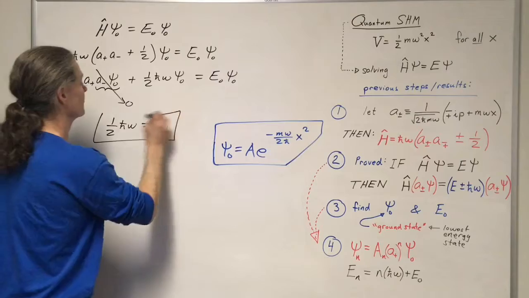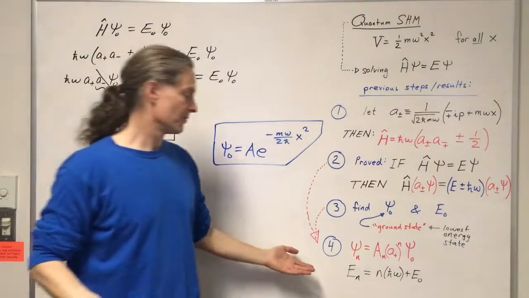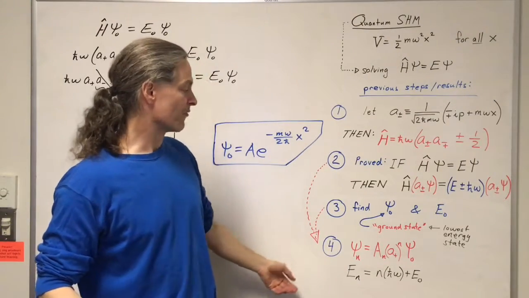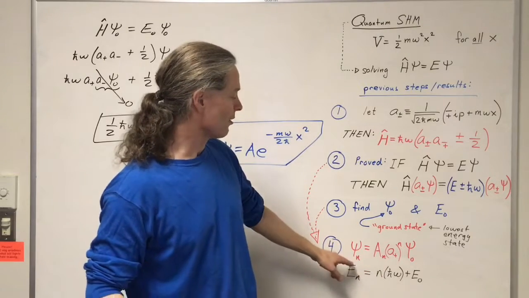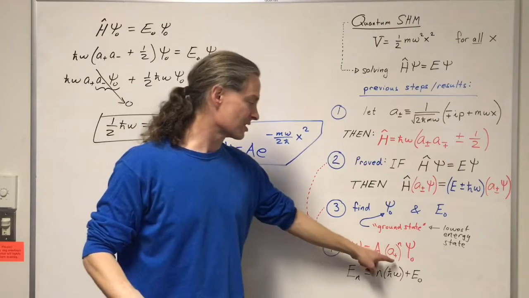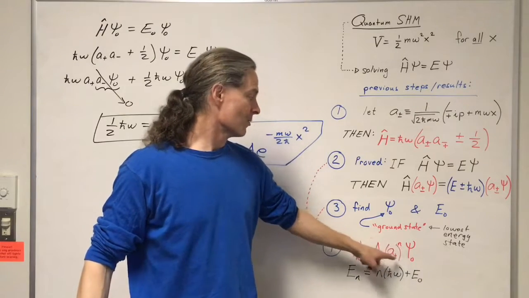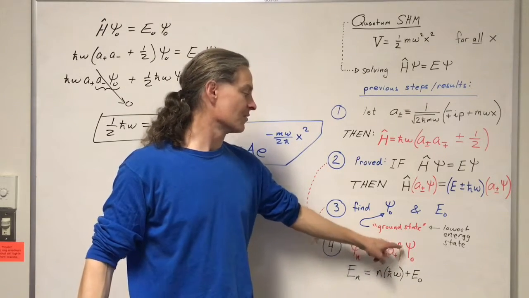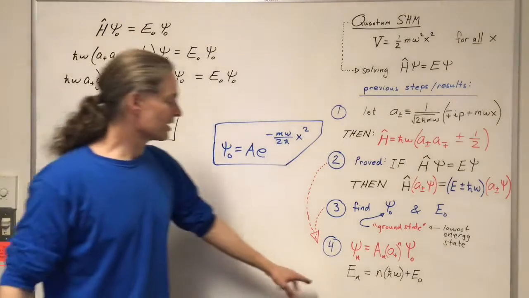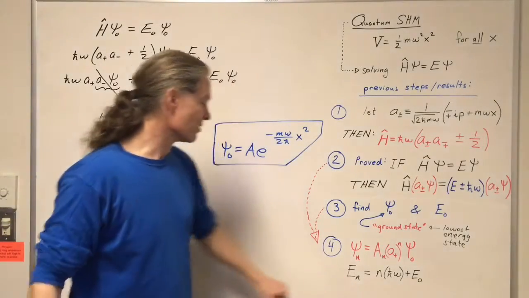So going back to our scheme here, as I said before, we could generate all further eigenstates by successively operating on the lowest energy eigenstate with additional operations of the A plus operator. We can then finally also get this E sub n.